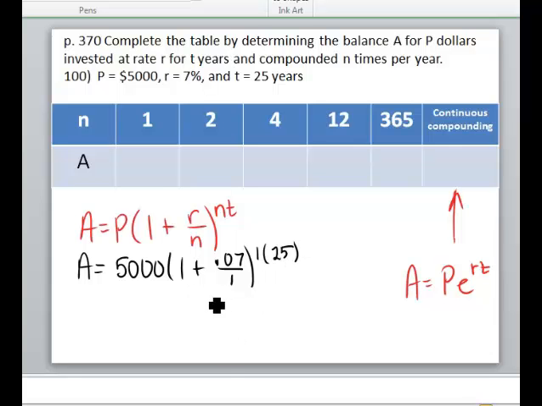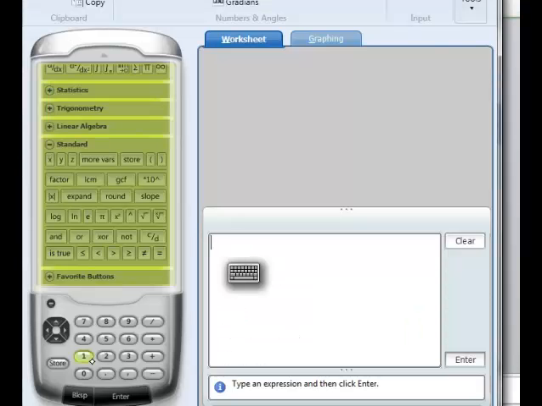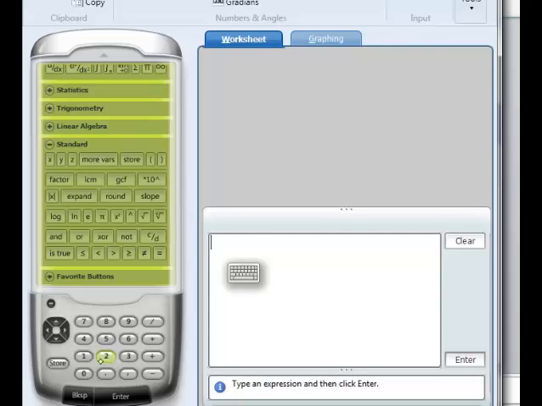So when we use our calculator, we need to make sure we do order of operations. So we'll have our 1.07. We'll write this down: 5,000 times 1.07 to the 25th power. So I'm going to go 1.07 to the 25th.